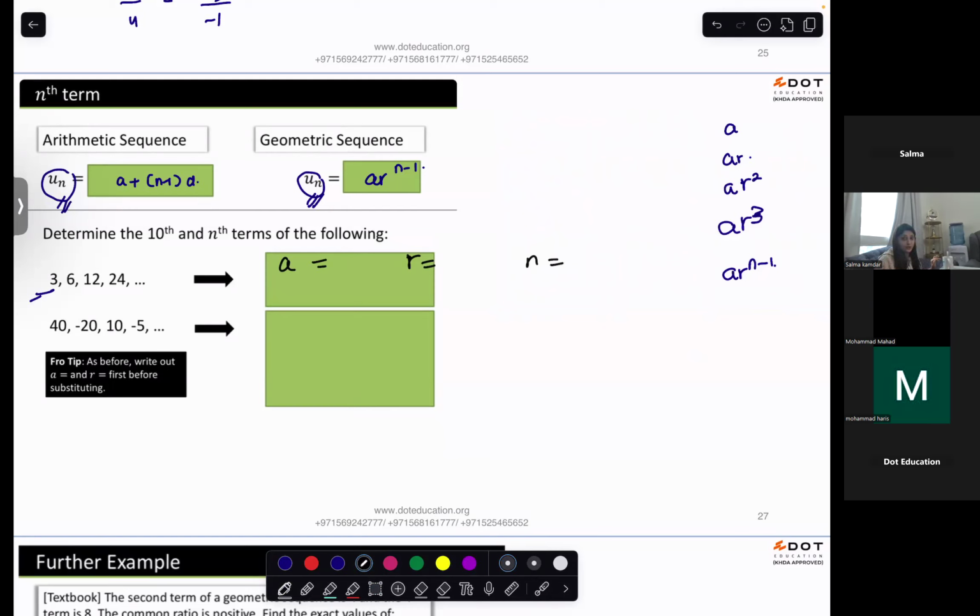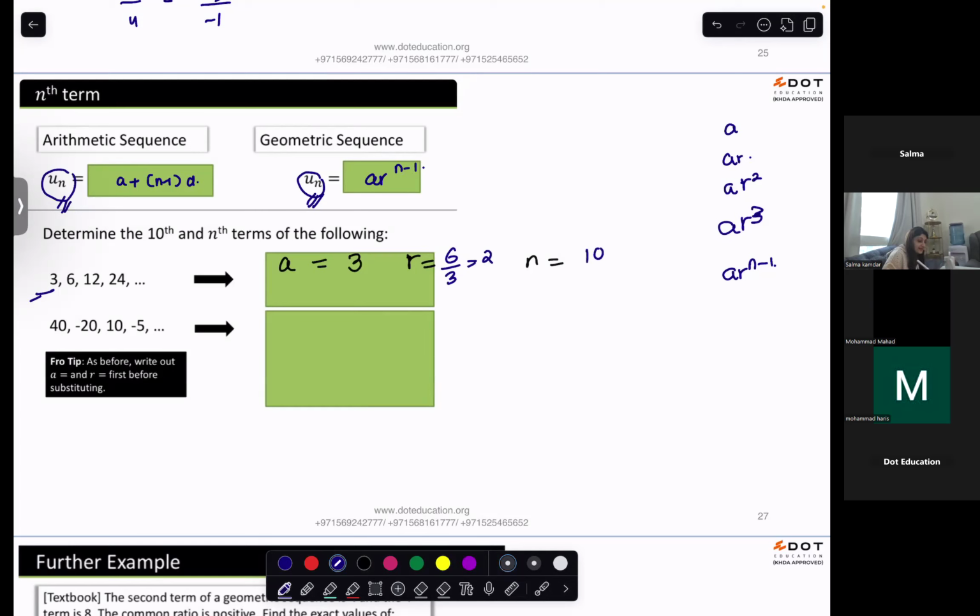You can take it as a dot tip. Okay, come on, A is, can I be a bit faster? Our A is 3, our R is 2, and our n is 10.